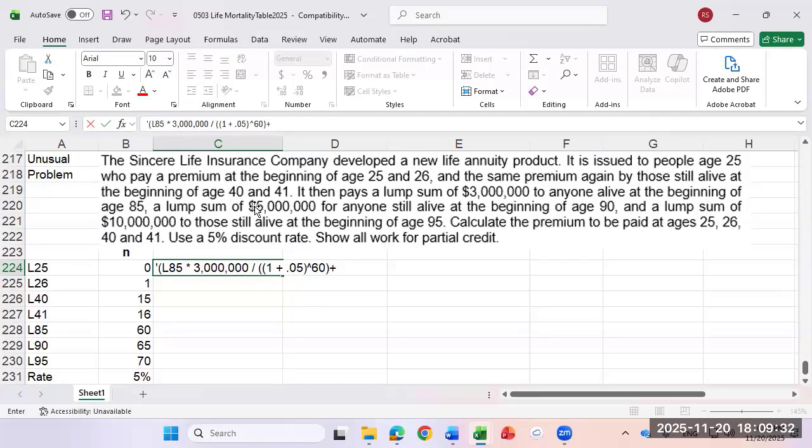The second payment is $5 million to L90s, divided by 1 plus 0.05 raised to, here, 90 minus 25 is 65.